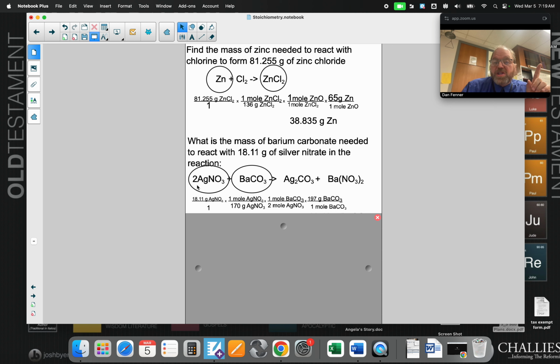We don't worry about the 2 here; that gets taken care of in the next step. So we put that under 1 mole. The balanced equation says 2 moles is 1 mole. And then barium 137, carbon 12, oxygen 16 times 3 is 48. 48 plus 12 plus 137 is 197 grams. Cross out our units, get our final answer, 10.49 grams of barium carbonate.